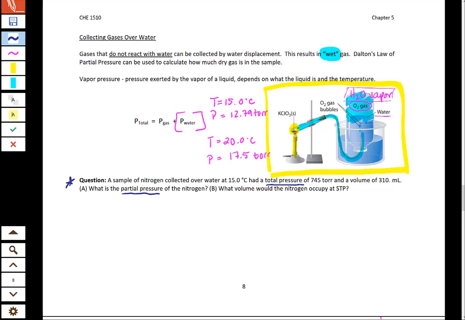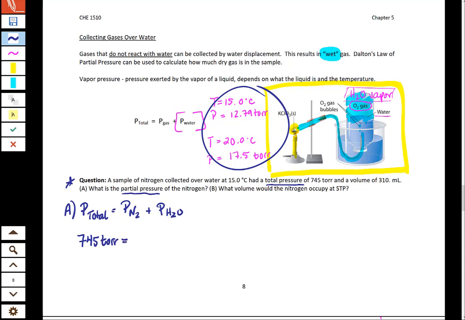That means that before you start any calculations, you have to take the pressure of the water vapor and remove it from the total pressure, because the question is going to ask you about the pressure of the nitrogen, and we need to subtract out the pressure of the water. So again, this information is going to be in a table. If we're talking about the exam, it's going to be at a given table at the end of the exam. If you're doing homework or something, it's going to be in a table in your textbook.